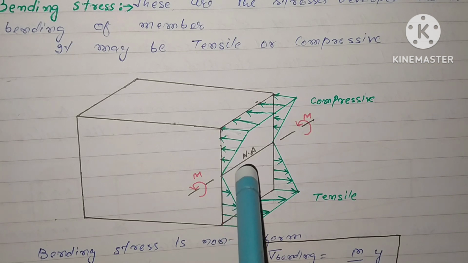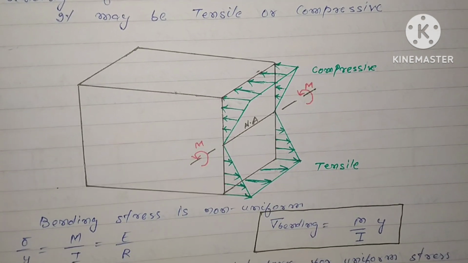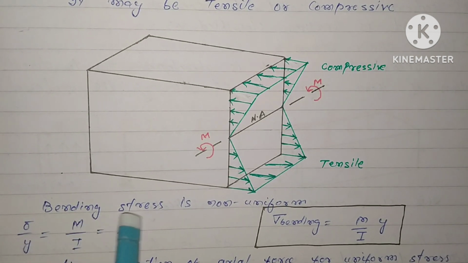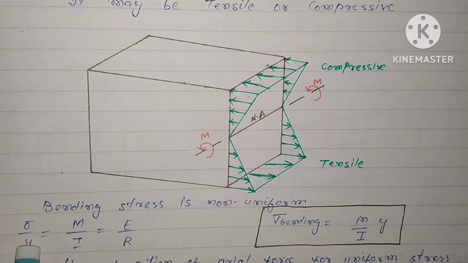So the bending stresses are non-uniform. From calculation, the bending stresses can be computed through the bending equation. The bending stress equation is σ/y = M/I = E/R, where y is the distance from the extreme fiber to the neutral axis, that is, from here to here.